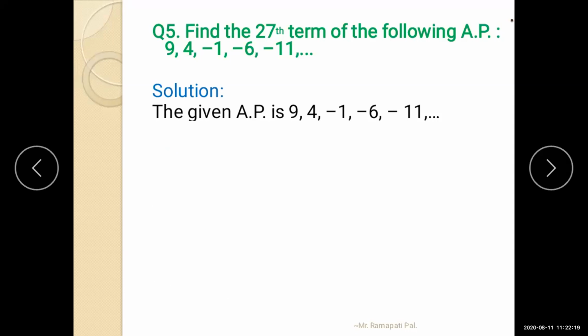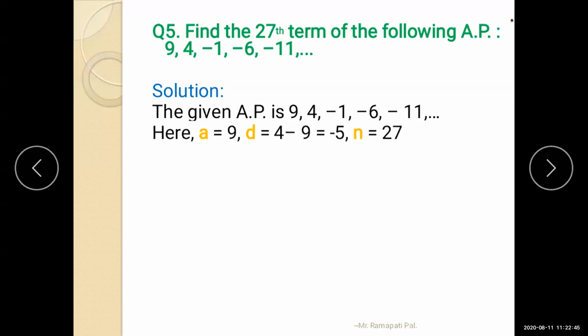We have to write first, the given AP is 9, 4, minus 1, minus 6, minus 11. Now what do you have to identify here? You have to identify A. You have to solve for the value of D. You have to identify N. N is given in the question only. Okay?